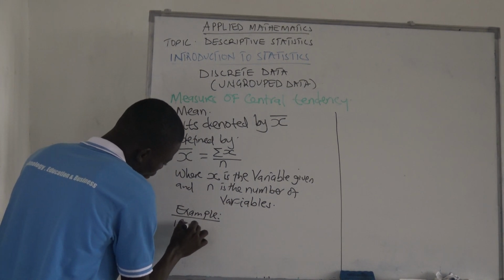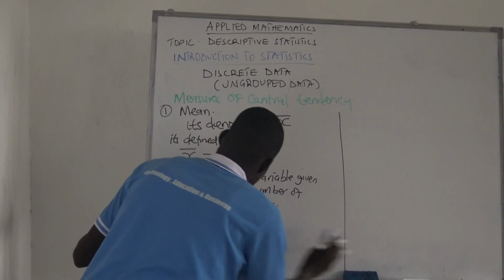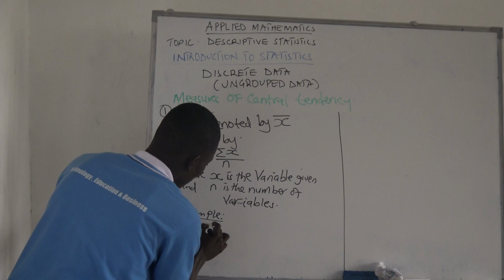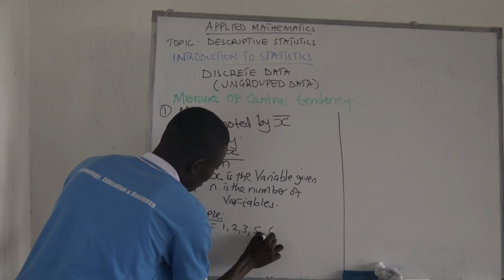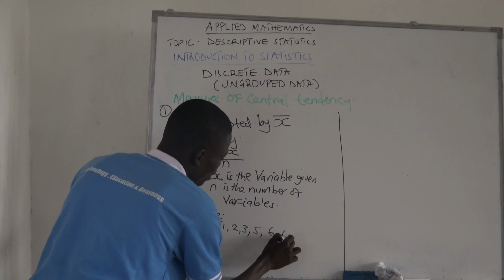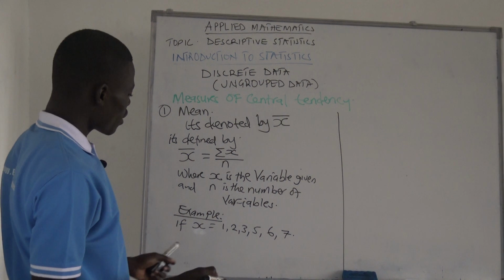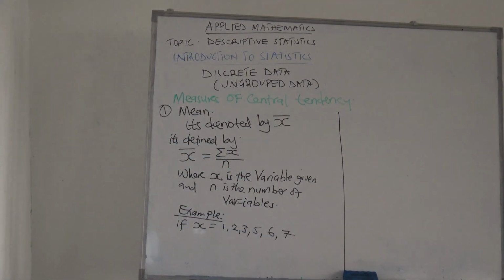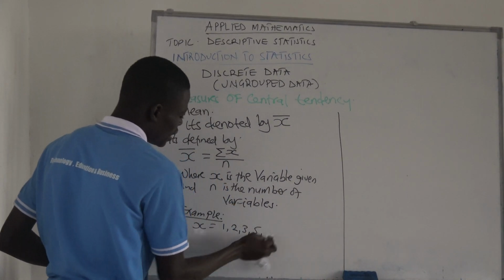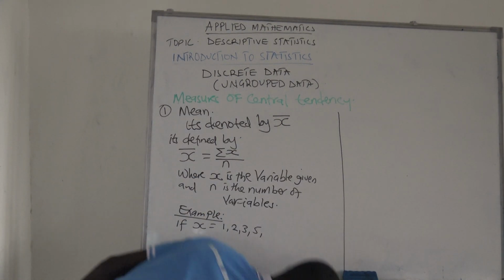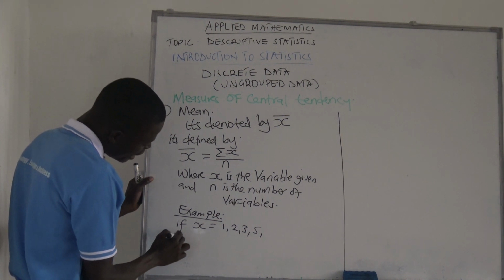if x is equal to, let us say, 1, 2, 3, 5, and we say find the mean.